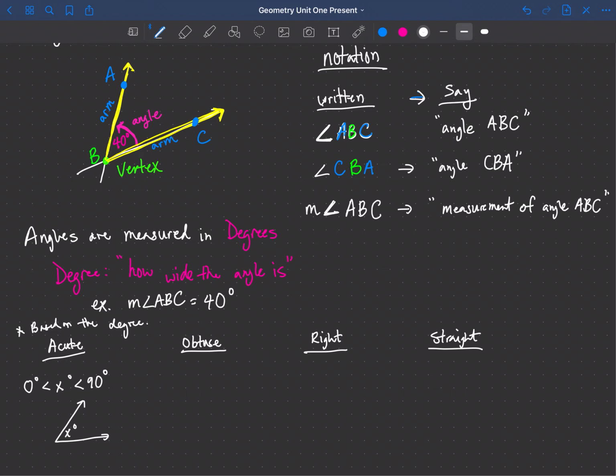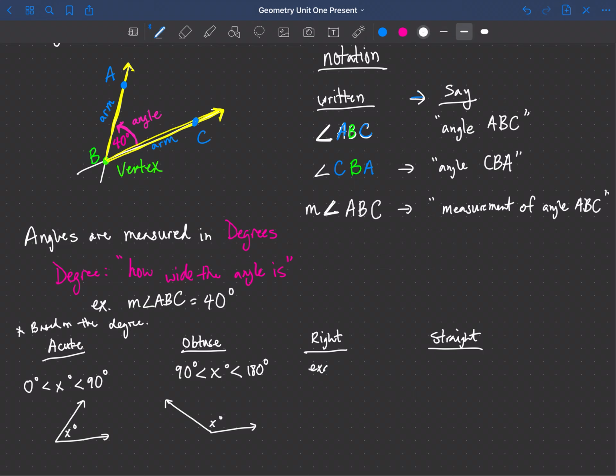So first we have acute. Maybe you know this. It should be an angle measure between 0 degrees and 90 degrees. How that would look would be an angle that's smaller than 90 degrees.